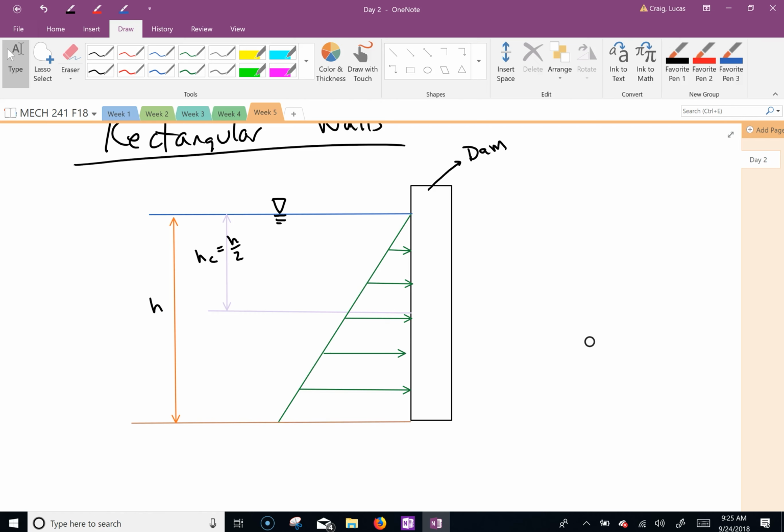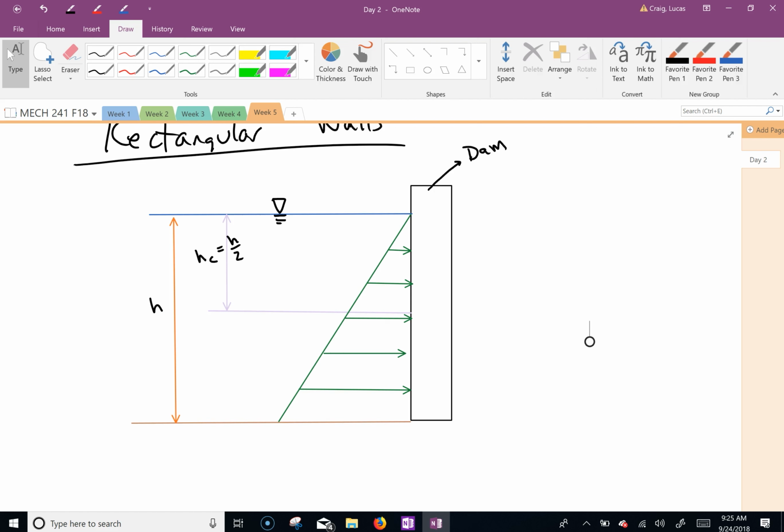Can someone tell me the top pressure? It's atmospheric. Do you want to use 101 or do you want to use something easier? 0. Okay, you want to do gauge pressure. Other thing is, on the left side, if there was no water, say there was just this piece of dam, there was no water on this side or no water on this side.